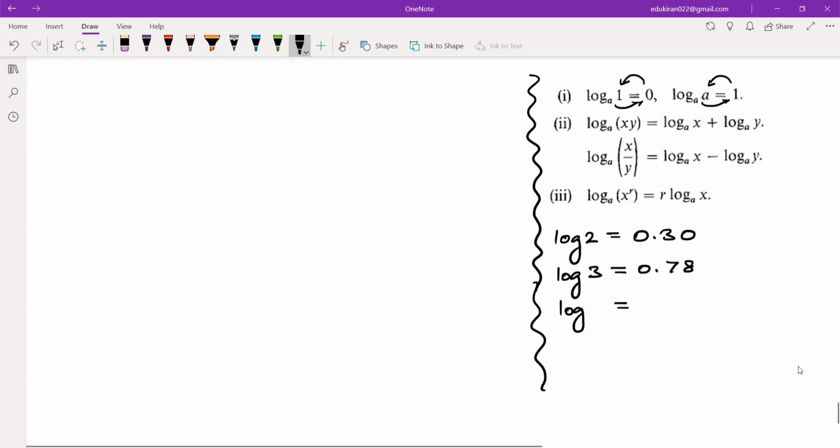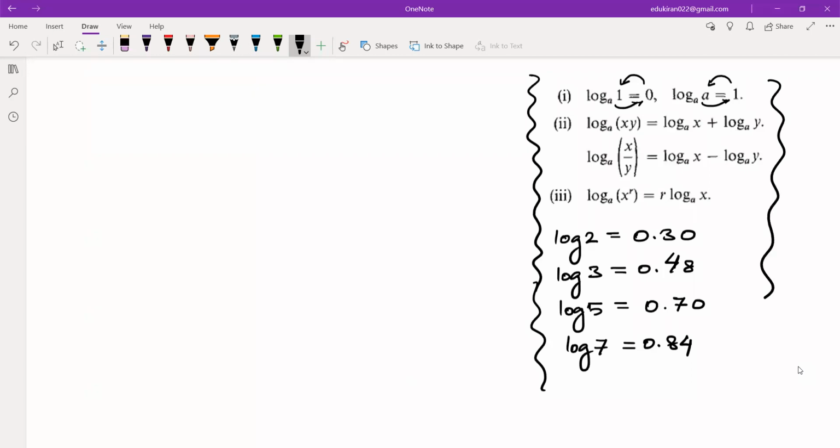The first 4 prime numbers, no? And after that you are done. Log 5 is equal to 0.70. Log of 7 is equal to 0.84. So these are the things that you have to remember about log. Now these are the things that you have to know about logs and understand about logs. And these are the only 4 values you have to remember.